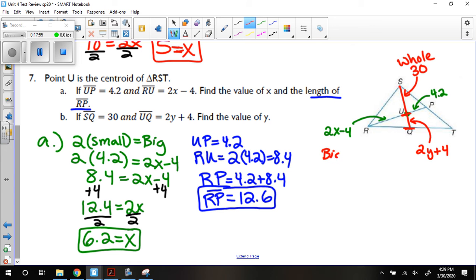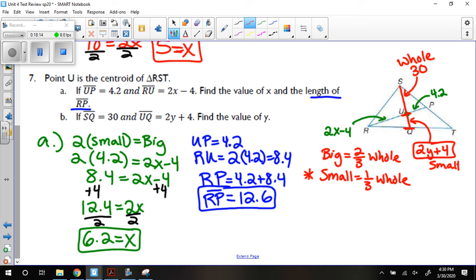So here I'll write that big is 2/3 of the whole thing, and the small piece is 1/3 of the whole thing. Since they talk about the small piece here, I'm going to use this relationship, that the small piece, 2y plus 4, is 1/3 of the whole thing, which I know is 30.